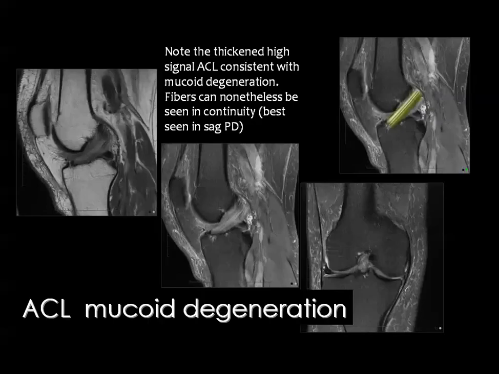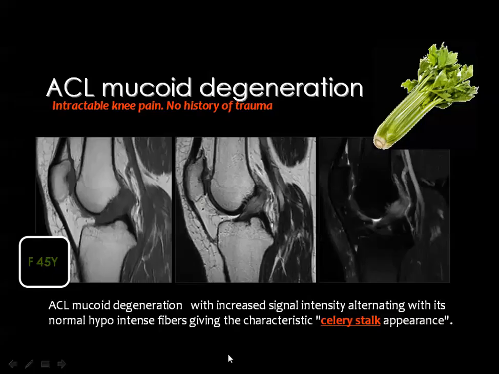In the images, you will see that the anterior cruciate ligament is swollen, and it shows abnormal increased signal in all pulse sequences. And if you look carefully, especially in the proton density image, you will see some of the intact fibers going through the swollen ligament. And this is exactly similar to this celery stalk.